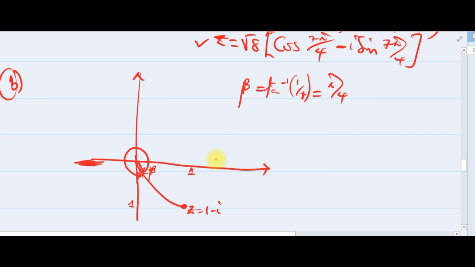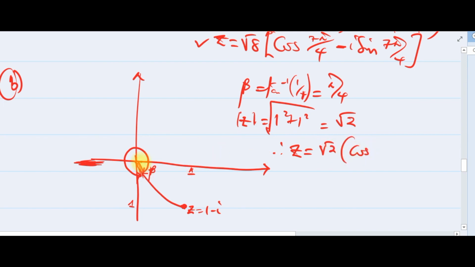But remember, this is in the negative sense. Our modulus is the square root of 1 squared plus 1 squared, which is root 2. Therefore, our complex number is root 2 cos, remembering this is the negative, the actual argument is the positive one.